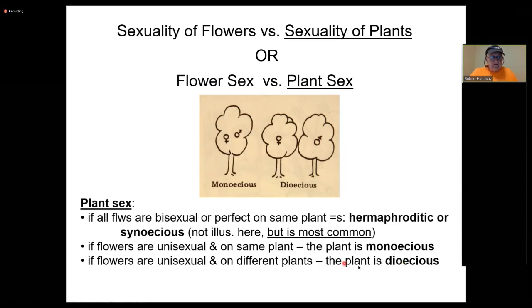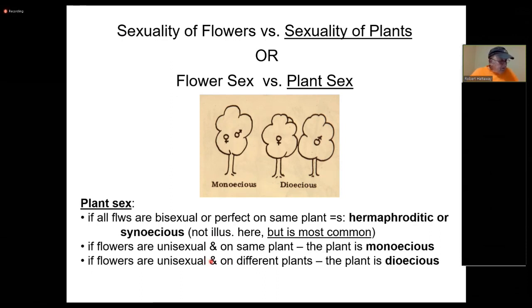But don't go there right now. Generally speaking, people get dismayed by, oh, my holly doesn't have berries. That's because you've got a boy, you got a male. And there's no way that I know of that you could tell without looking at the sex chromosomes.